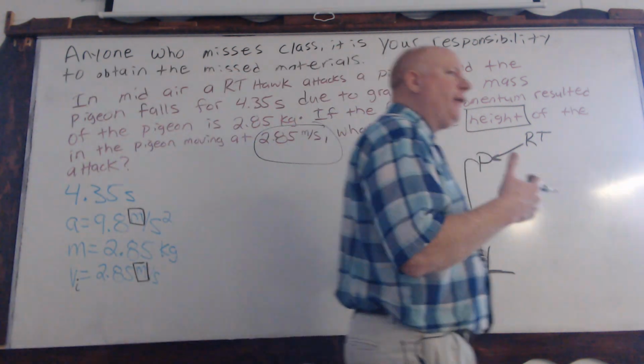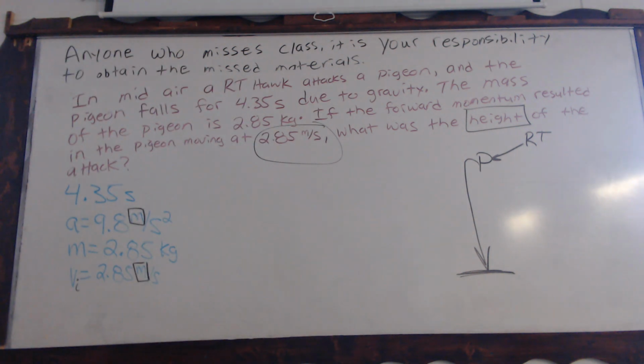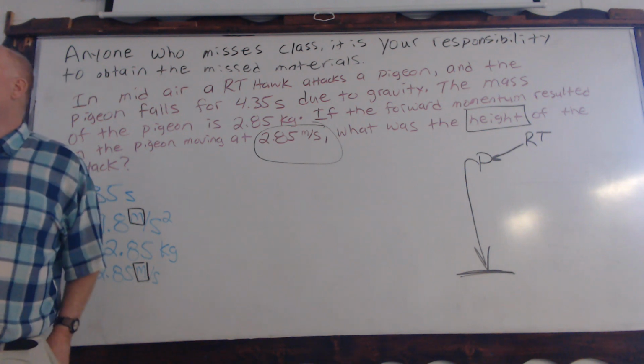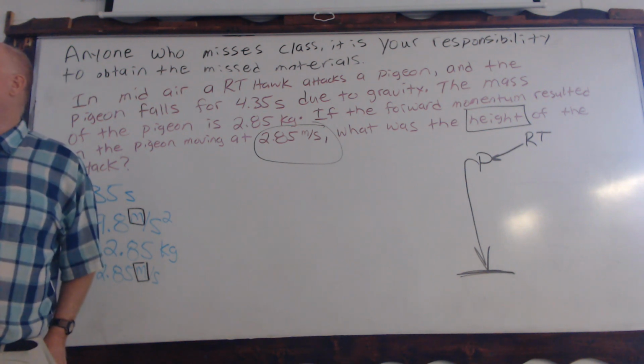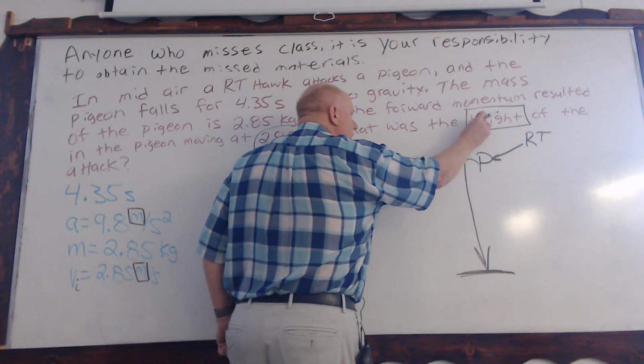So we need to find a place where, excuse me for a moment. Where do you see the variable d in any of your formulas? Because we're looking for height, correct?